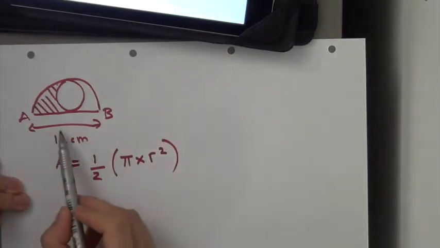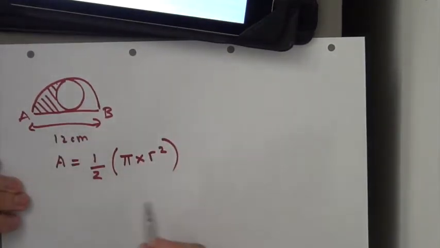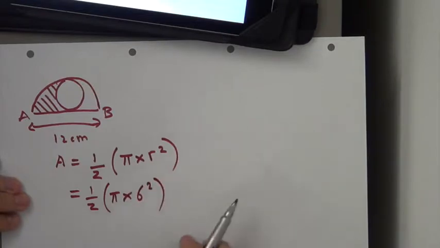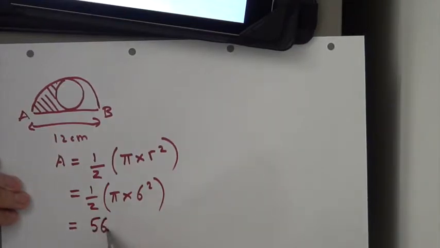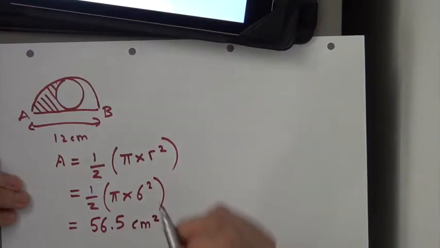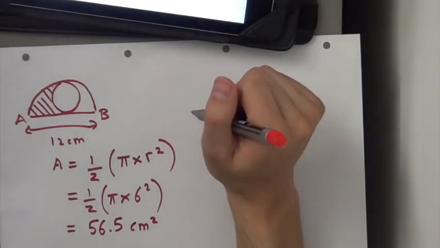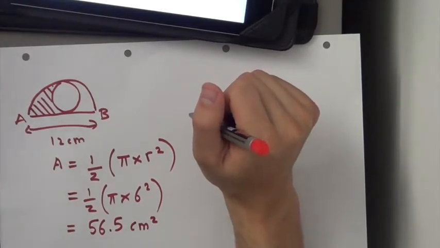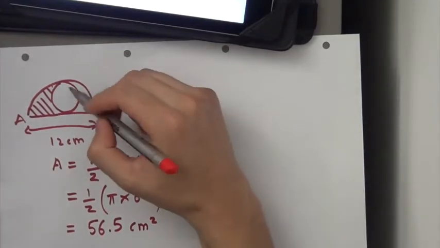Now the r in this case is going to be 6 centimeters because 12 centimeters is the diameter. So this is going to be half pi times 6 squared, which is 56.5 centimeters squared. Now, that is the total area of this.